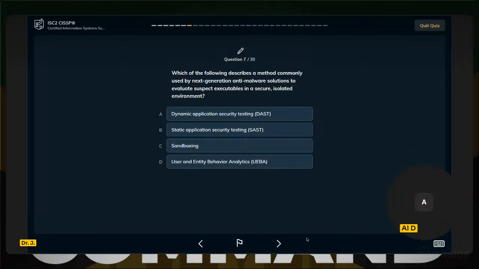I'm thinking it's sandboxing, but when they say executables, that means they want to see it run, right? Hold on. Which of the following describes a method commonly used by next generation anti-malware to evaluate suspect executables in a secure, isolated environment.